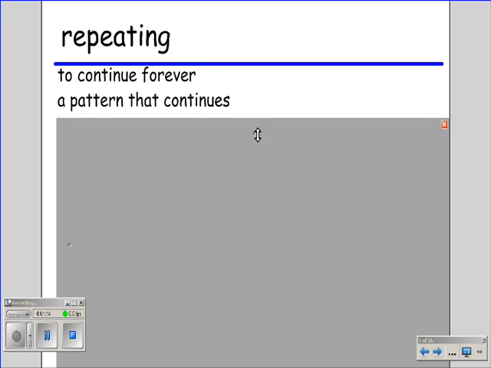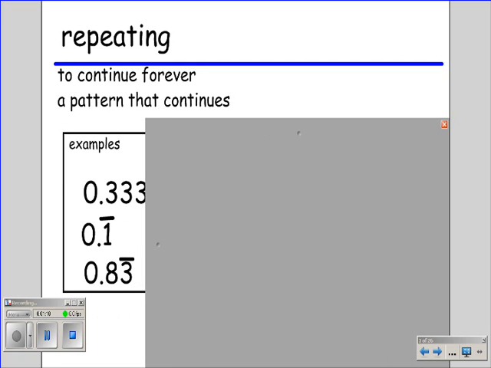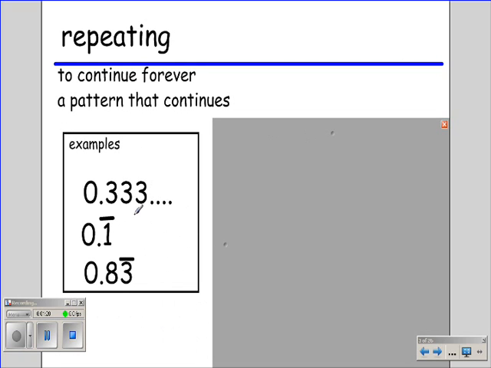Repeating means to continue forever, a pattern that continues. Some examples of repeating decimals are 0.333 repeating, the dot, dot, dot. 0.1 with the bar over would just be 1, 1, 1, 1, 1. And 0.83 with just the bar over the 3, meaning that just the 3 continues repeating.